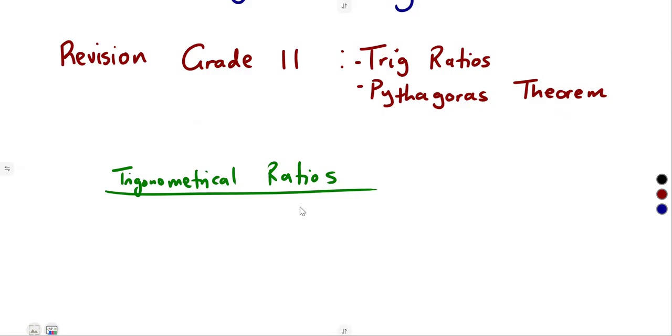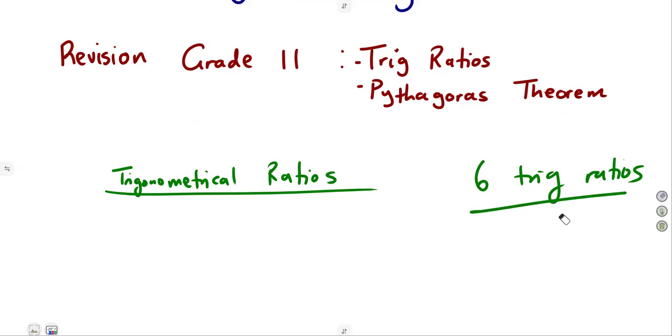But now in our case, we are not going to consider the 6 trig ratios as we had them previously. Remember, in your grade 10, you had the 6 trigonometrical ratios.